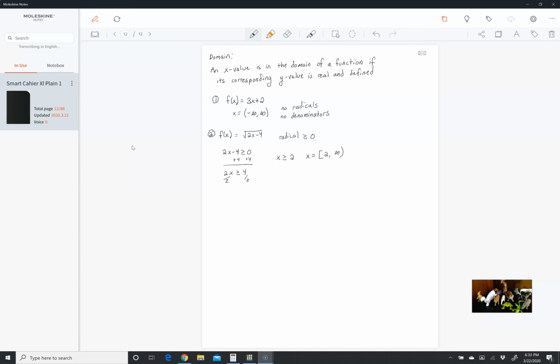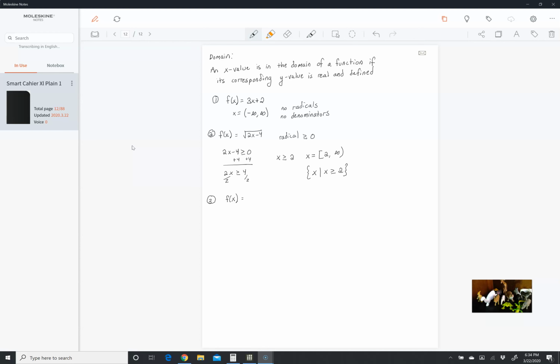And in standard notation, you could write it as x such that x is greater than or equal to 2. So here we use braces. So these are the two different ways that we could write the domain. You don't have to write both. You can choose.